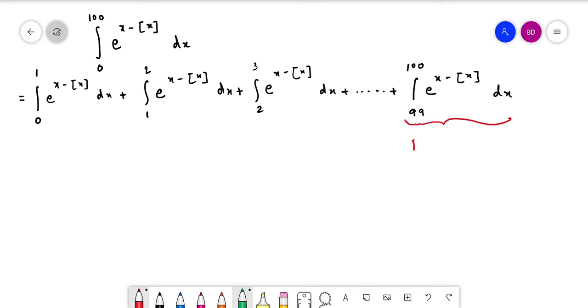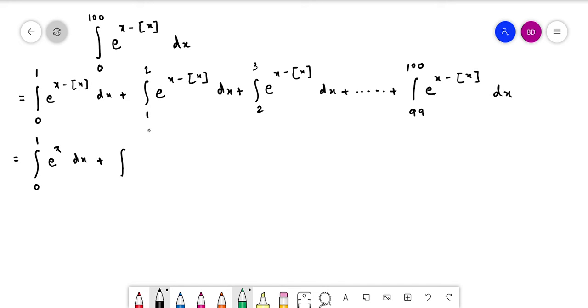Before that, we will first simplify this a little bit. What we'll do is we'll put the values of floor x here. So from 0 to 1, we know floor x is 0. So this becomes x minus 0, that is e to the power x dx.